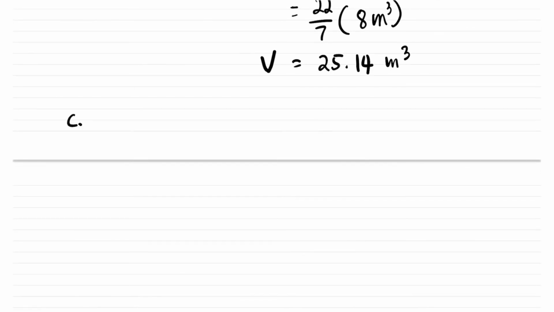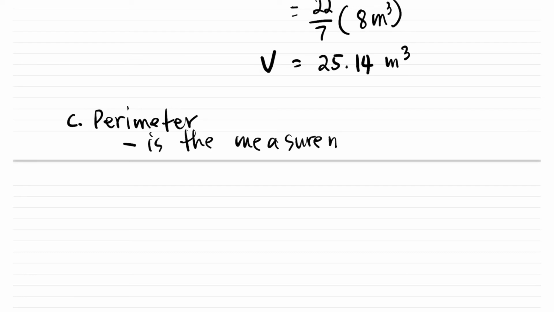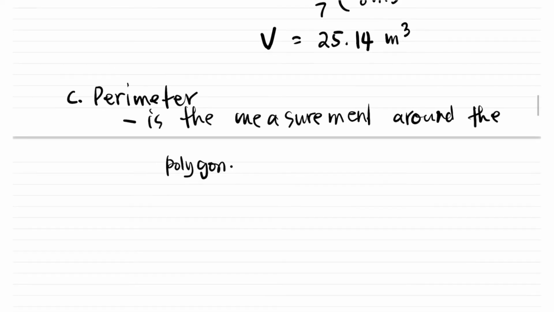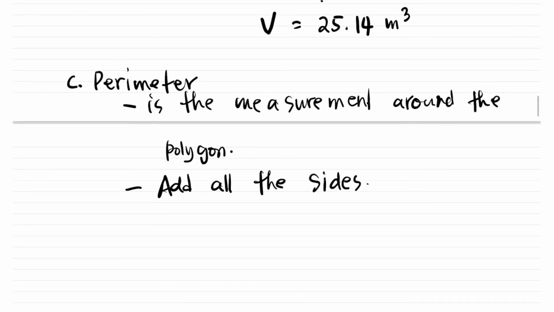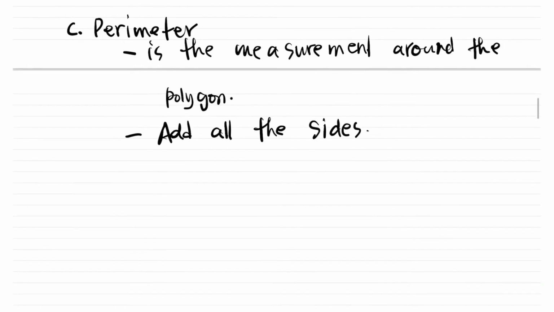Now next, we have perimeter. Alright, perimeter is the measurement around the polygon. So the formula is you just have to add all the sides. Okay, so for example, we have a rectangle here.